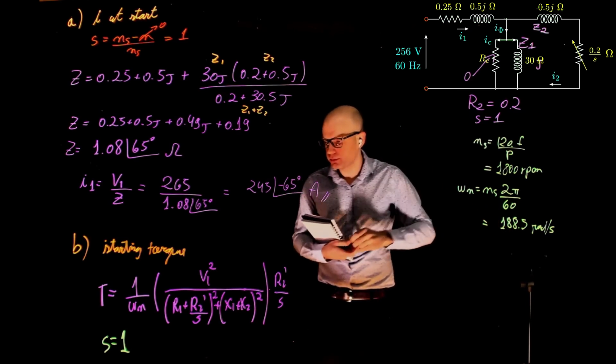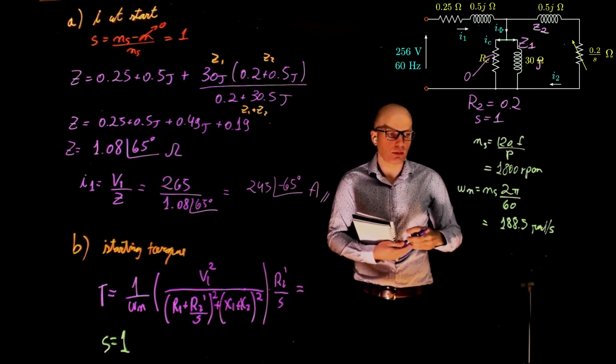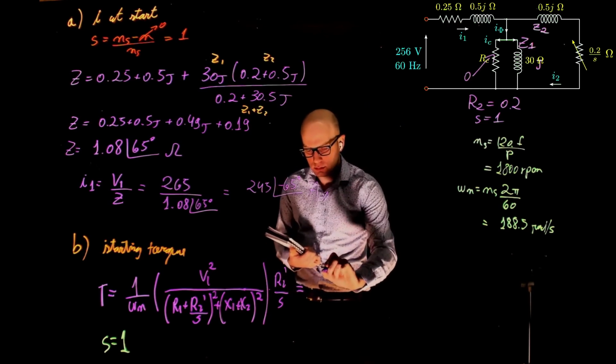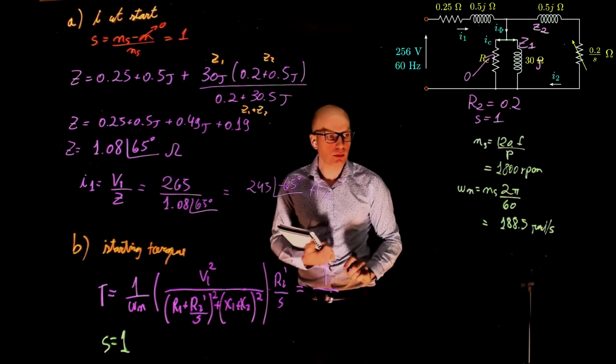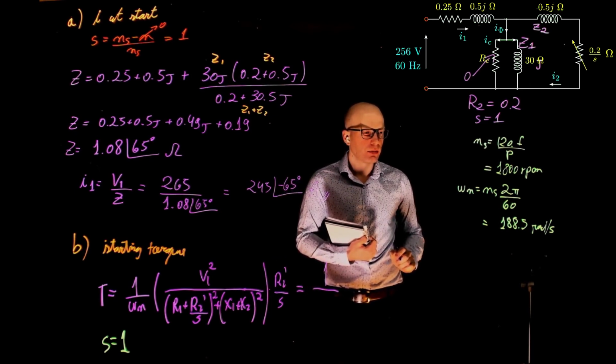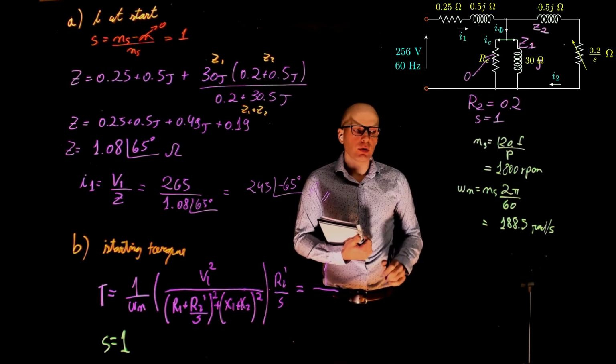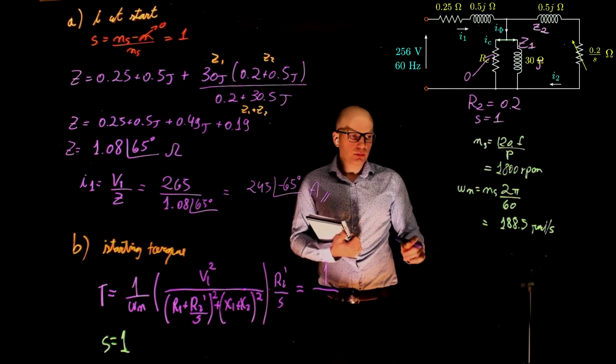When you talked about where we multiply by 1 minus s, what condition would that be? Is there a condition where the speed is factored in by the 1 minus s? Oh, I see.